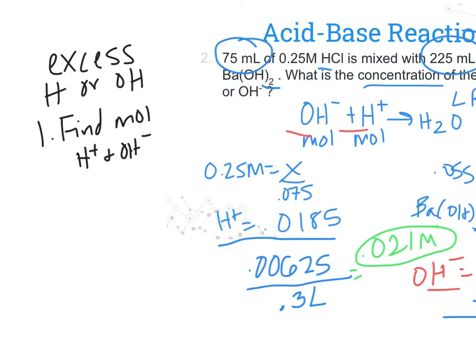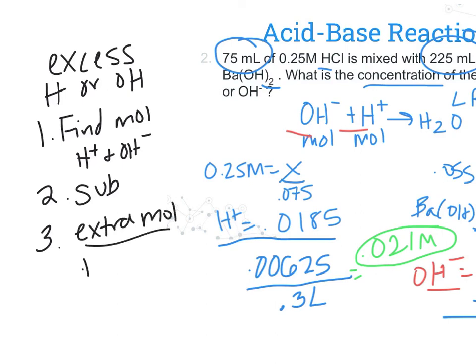And that's the moles of that ionic substance, not the entire compound, just that ion, right? Find moles of hydrogen and moles of OH minus, which is hydroxide. Step 2, subtract. Whichever one's bigger, subtract the smaller one from that. And number 3, take your extra moles and divide by total liters.